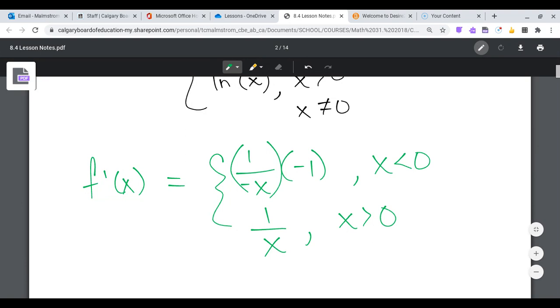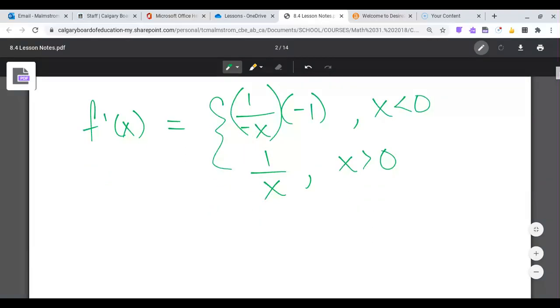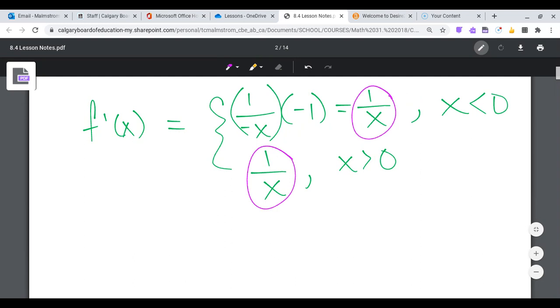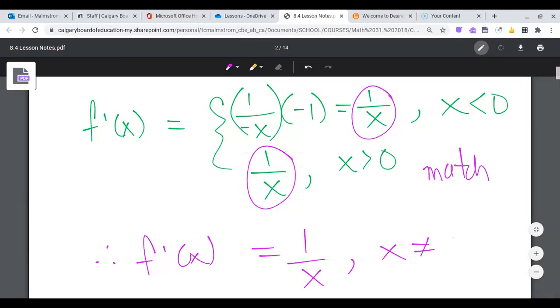And what I would notice is that top function actually tidies up to 1 on x for x less than 0. So since those two things match, I can say that the derivative is in fact just 1 on x, but x of course cannot equal 0.